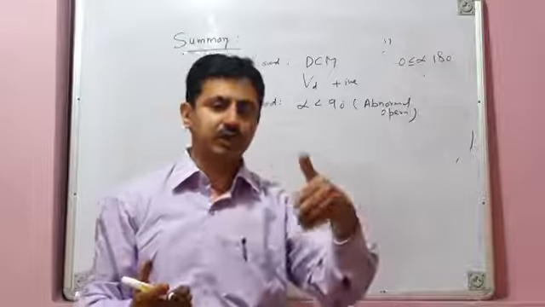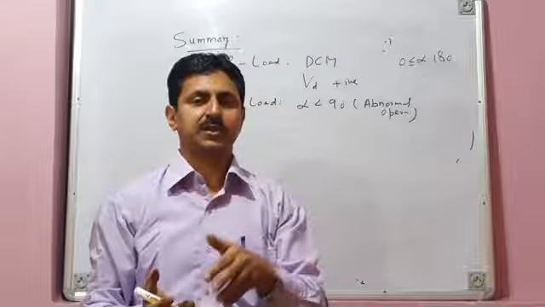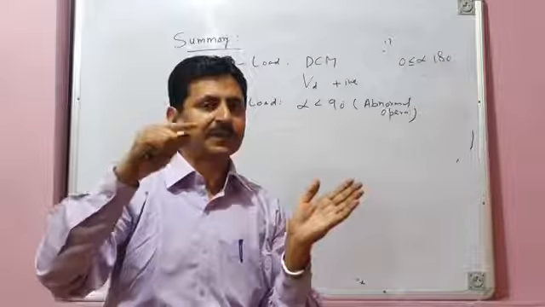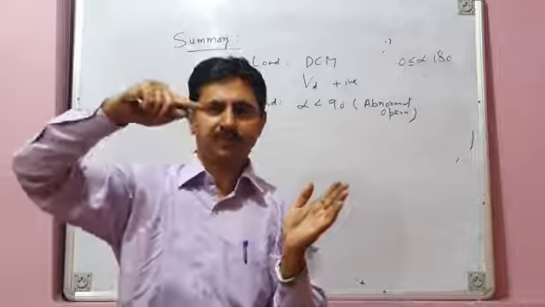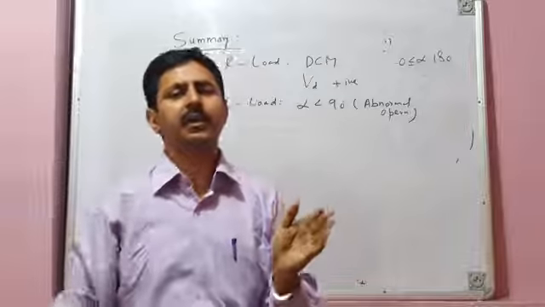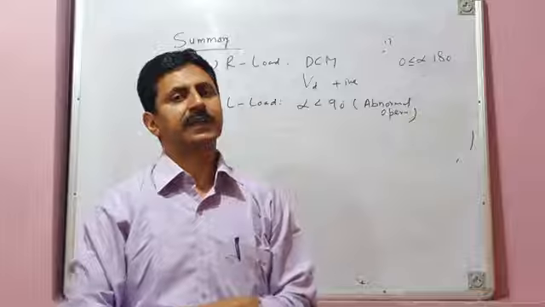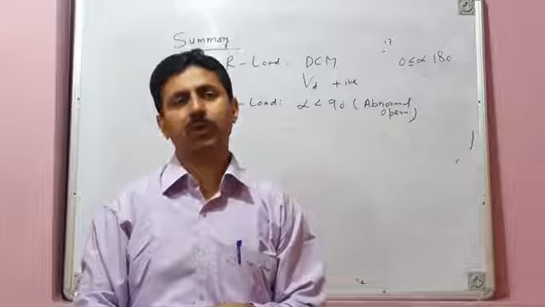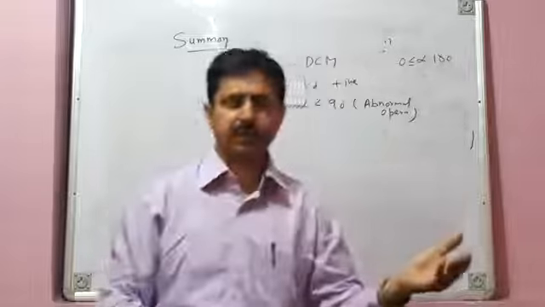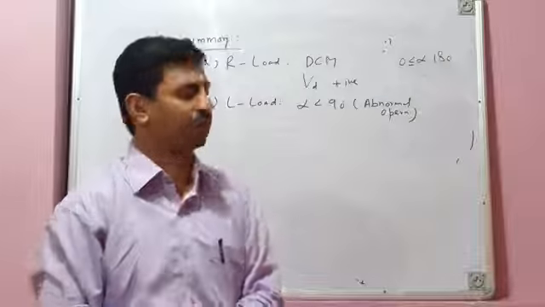That means energy stored is always less than energy released, which violates the volt second balance of the inductor. Therefore, with every half cycle, the magnitude of current goes on increasing indefinitely till the circuit gets damaged and you see smoke coming out of the circuit. So alpha less than 90 degrees is not normal operation, it is abnormal operation.